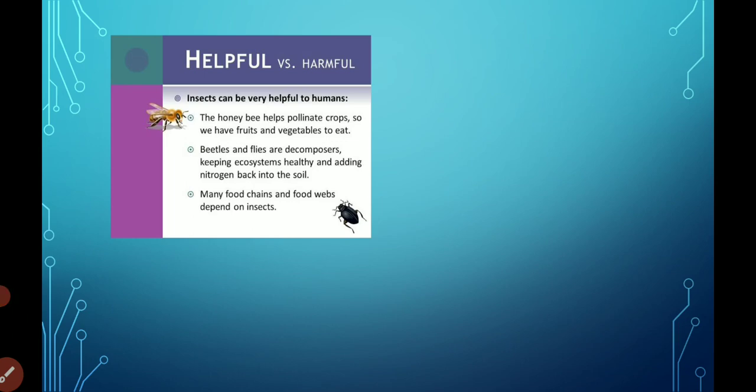Beetles and flies are decomposers, keeping ecosystems healthy and adding nitrogen back into the soil. Many food chains and food webs depend on insects. Most animals eat insects.